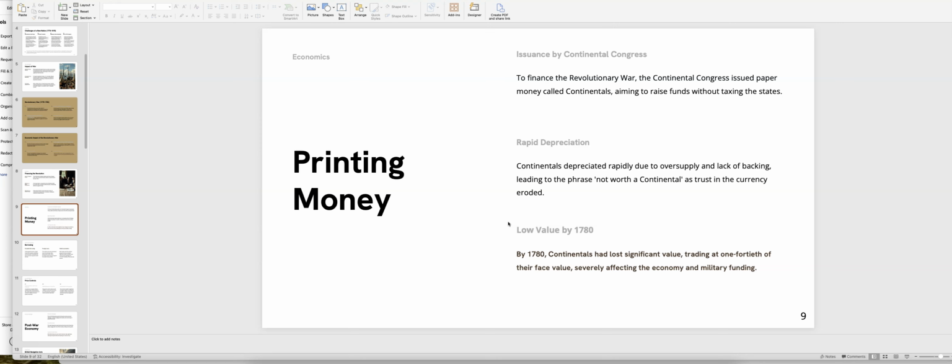Then after we win the Revolutionary War, we get the Constitution finally drafted by 1787 and then passed by 1789, which is when Washington takes office, where the Constitution basically reflects a revision of the Articles of Confederation.